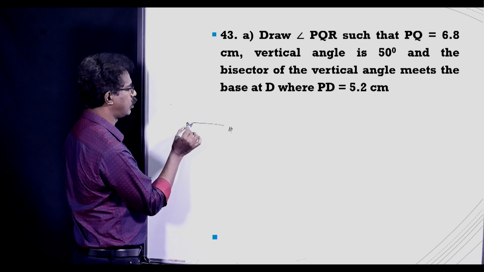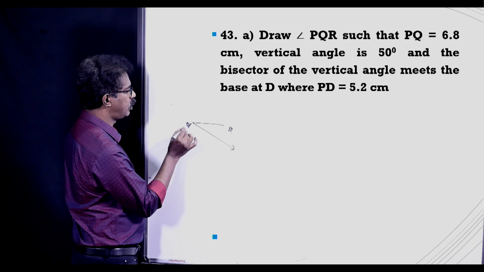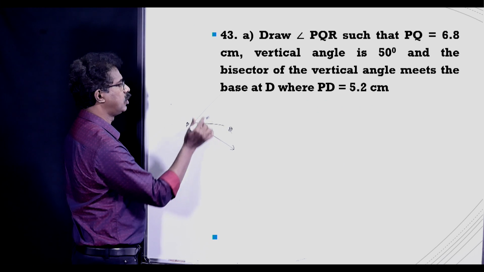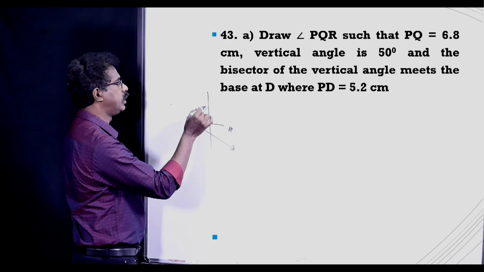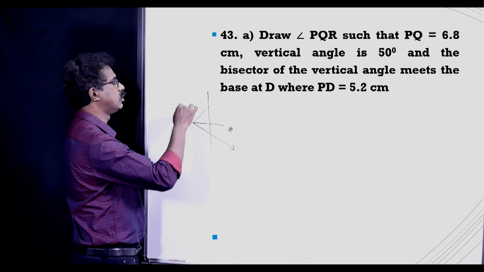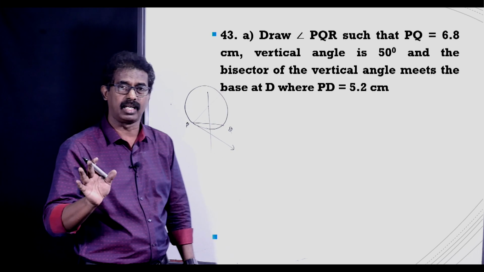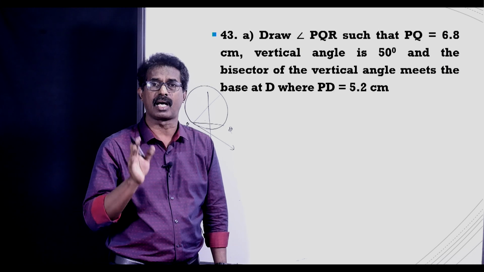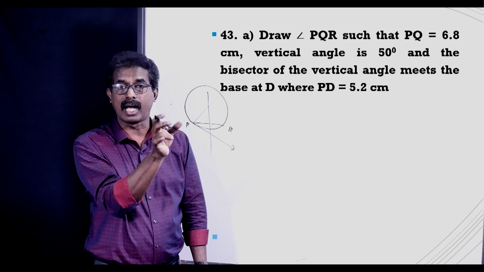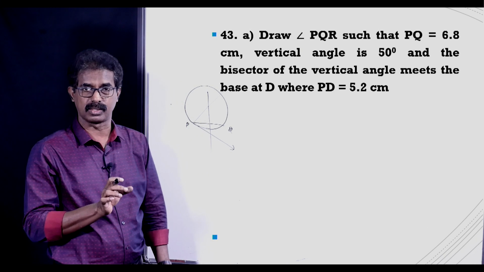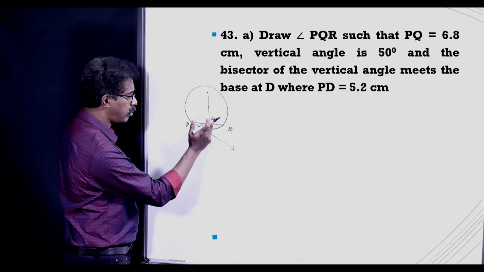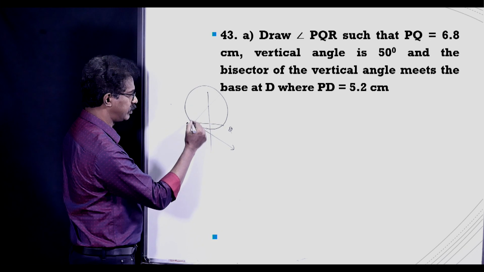Okay, vertical angle 50, so downward you take 50. For this you draw a perpendicular line. For this you draw a perpendicular bisector. With this as center, with this radius, you draw a circle. Up to this it is common for all the 3 cases of construction of a triangle, whether they give median or altitude or angle bisector cutting the base at some place. If it is median, keep the pointer here, cut the circle, then join.